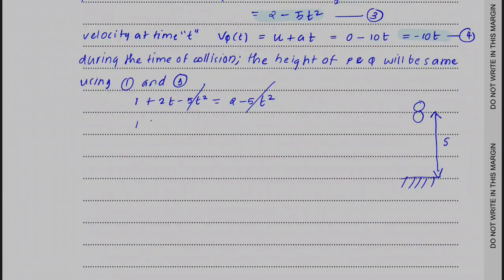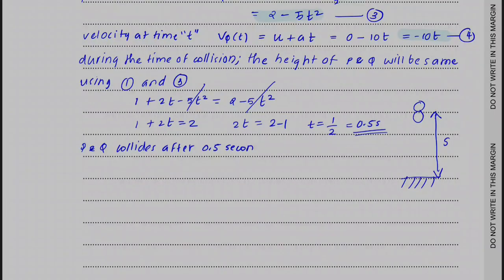Then the rest of the terms are 1 plus 2t is equal to 2, or 2t is equal to 2 minus 1, or t is equal to half, which is equal to 0.5 seconds. So this 0.5 seconds is the time after which both of these particles will collide. So P and Q collide after 0.5 seconds. So we got the time required for these particles to collide.